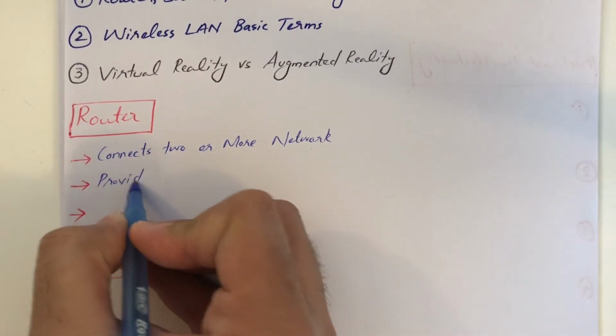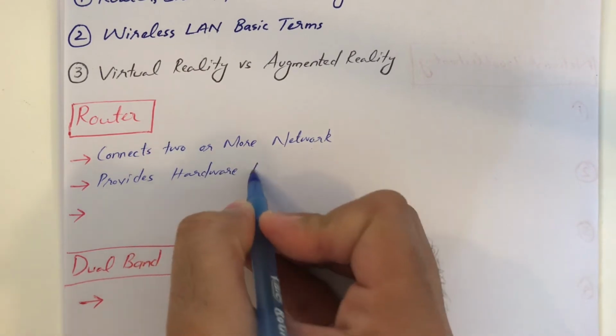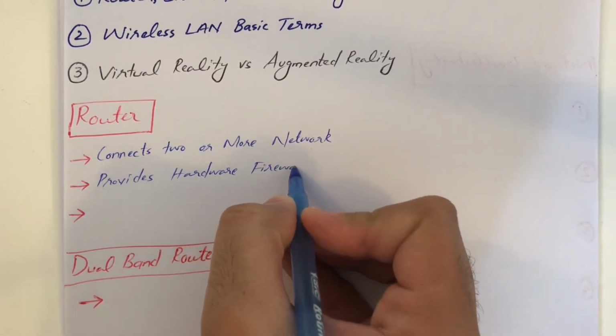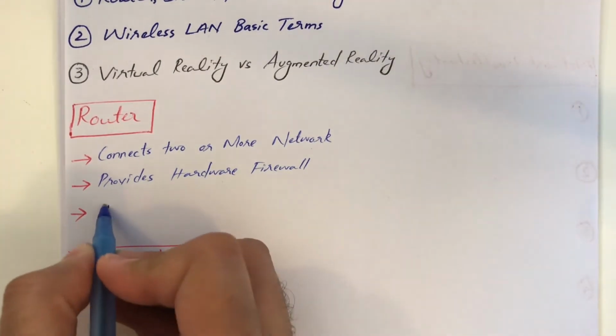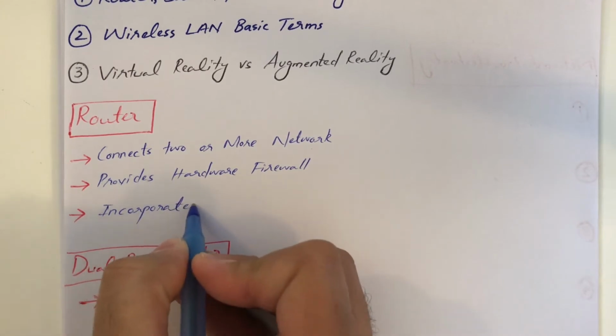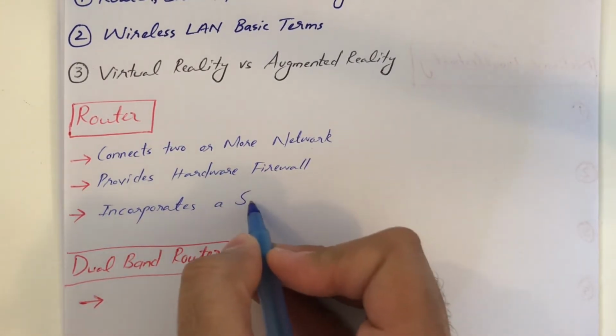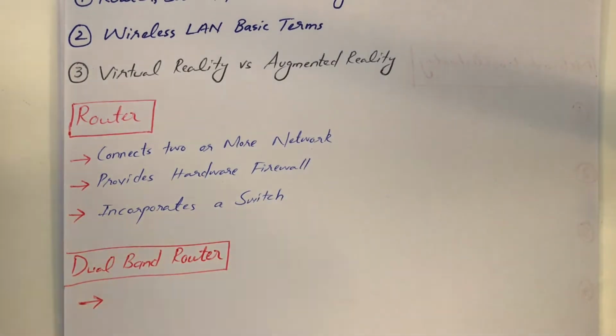Router provides hardware firewall, which protects the internal network from malware or outsiders, and it also incorporates a switch. And if you remember, switch connects the devices within the network.